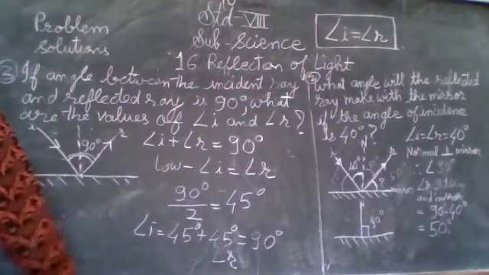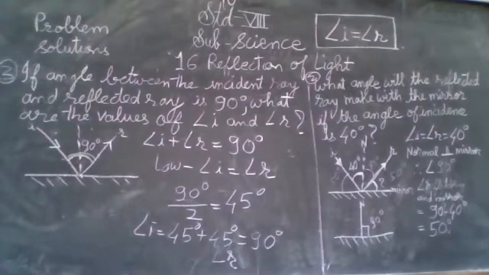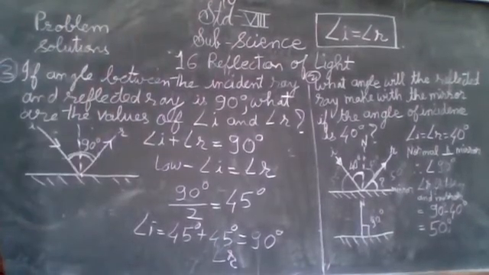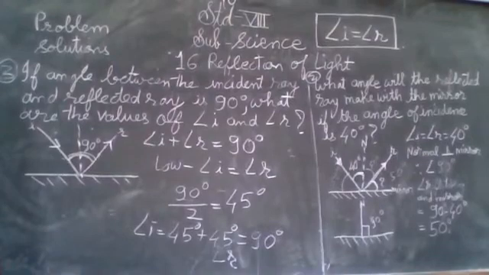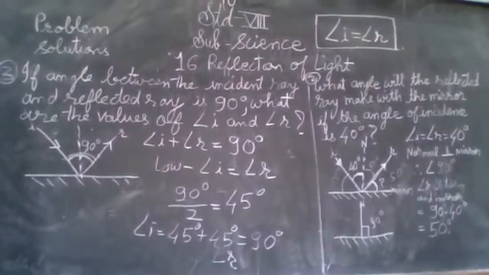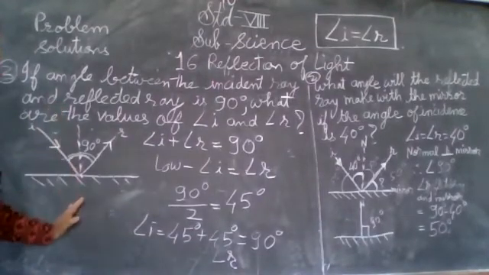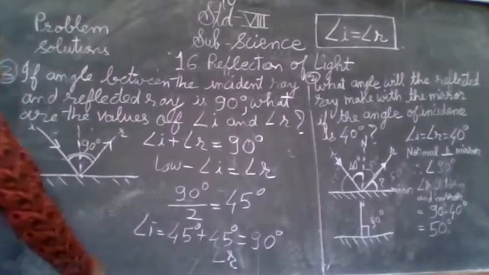So, different things will be asked related to this first law of reflection, a very important law, that the angle of incidence is always equal to the angle of reflection and the normal is always perpendicular to the mirror.